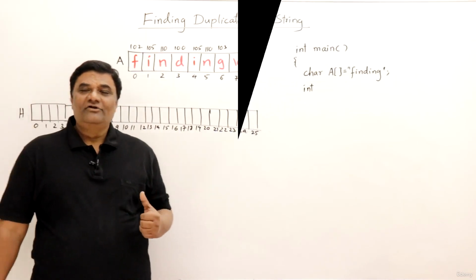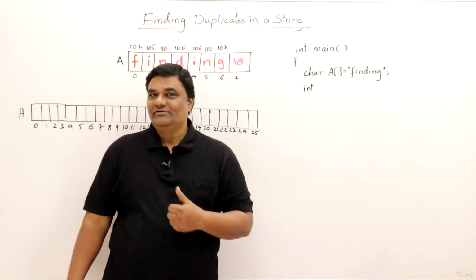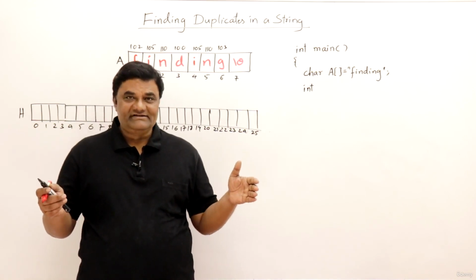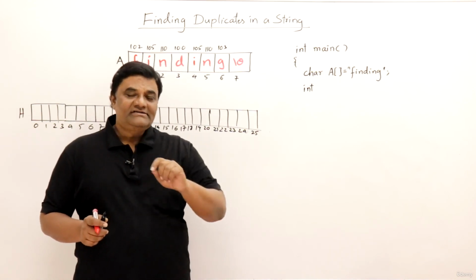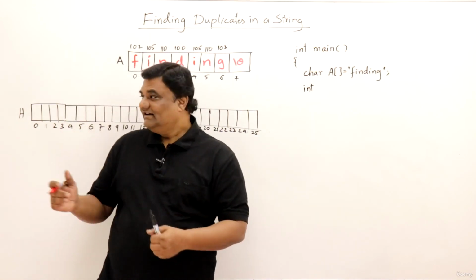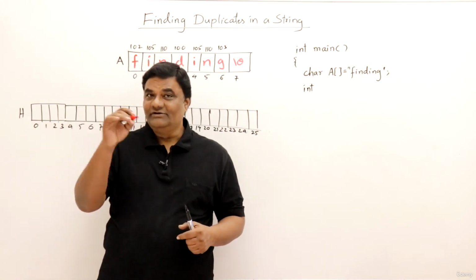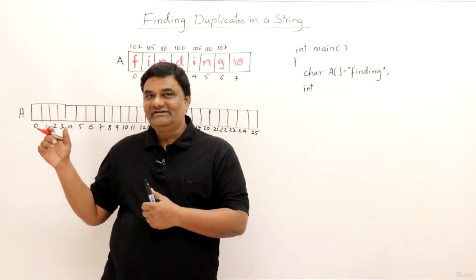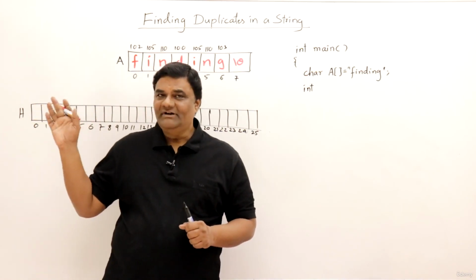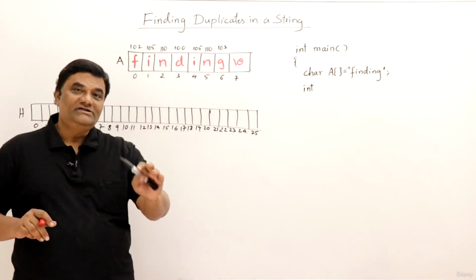Here I have an array for the hash table, starting index 0 and ending index 25, so an array of size 26. Now let us run the procedure and scan through the string. One more thing: assume this array is filled with zeros. I left them empty just to look simple.